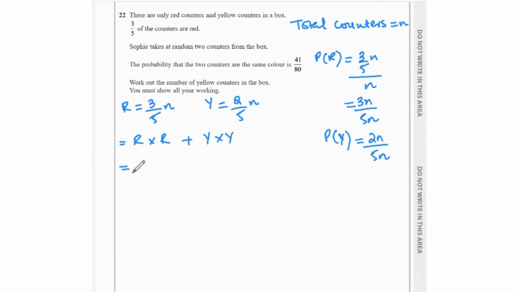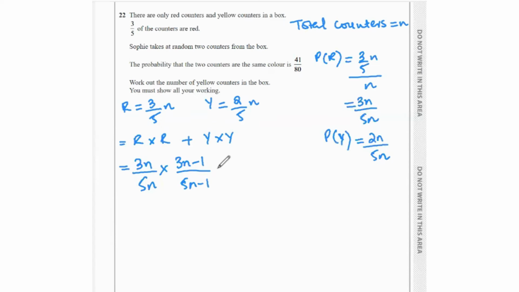So if we take the red counter first, that's 3n over 5n multiplied by 3n minus 1 over 5n minus 1, because when you took one counter from the bag, there's one less counter.